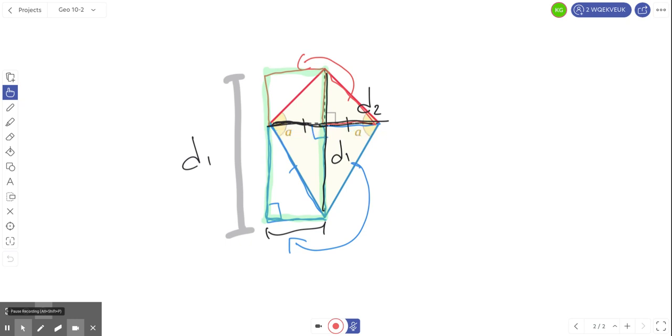The width of this other rectangle is going to be 1/2 of diagonal 2. And then we just multiply those together, you get the area. In other words, the area of a kite is 1/2 times diagonal 1 times diagonal 2.